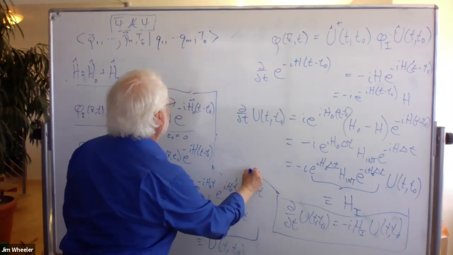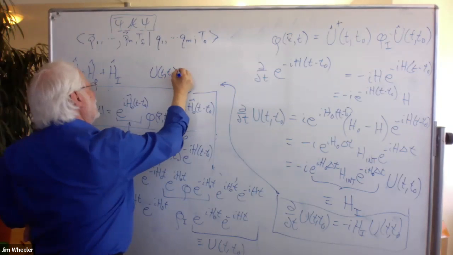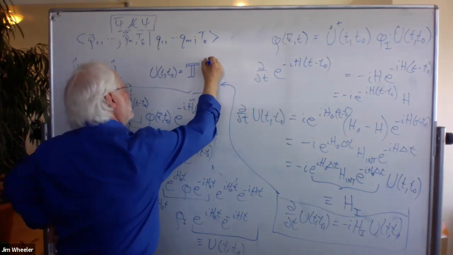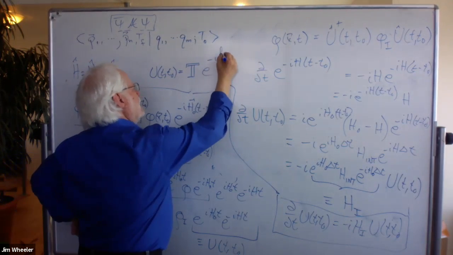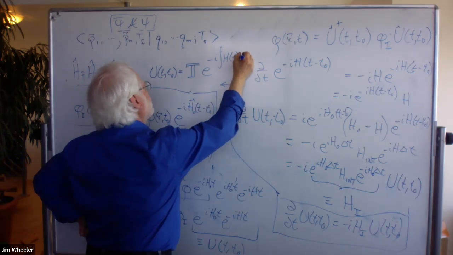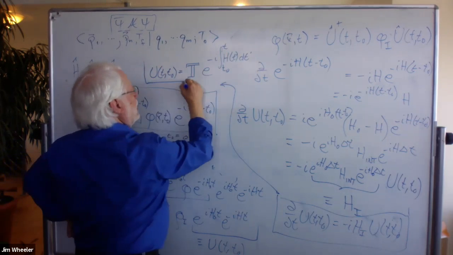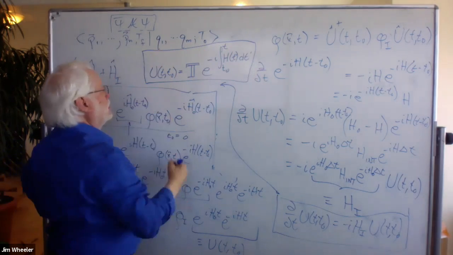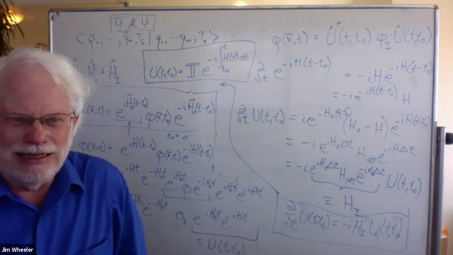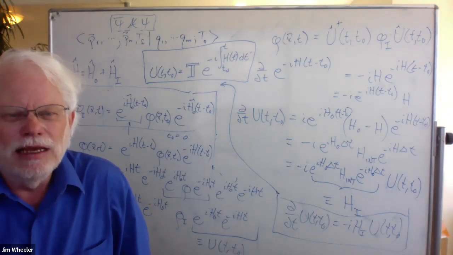So this implies that U can be written as the time-ordered exponential of minus I times the integral of the Hamiltonian over time, dt from t naught to t. That's the full expression in the most horrible of circumstances, right? We talked that through in the quantum mechanics class. Oh boy, that was fun.